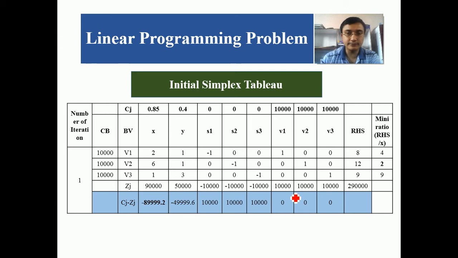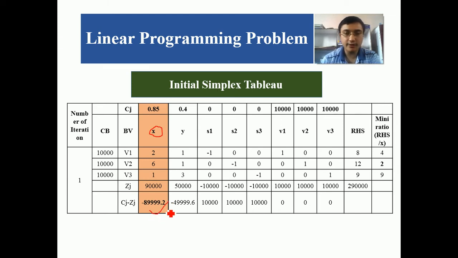The least number in the last row determines the pivot column, that is minus 8999.2 is the least number, and for the minimization problem the least number itself gives the pivot column, that is x. The column in the orange color is the pivot column, with the least value.